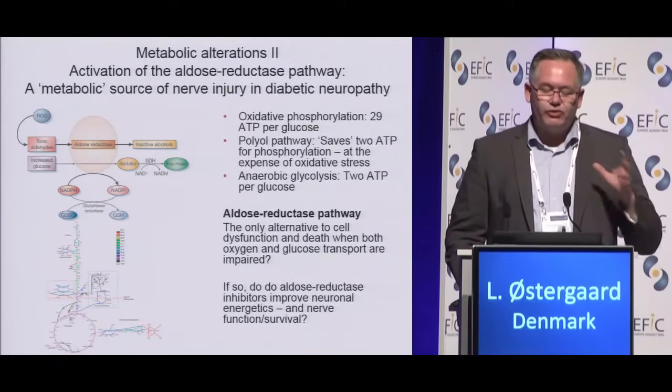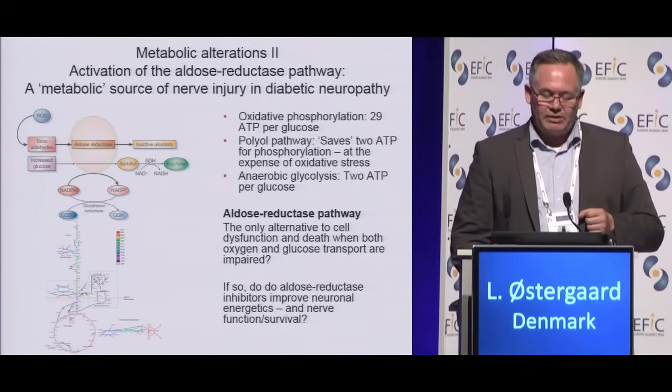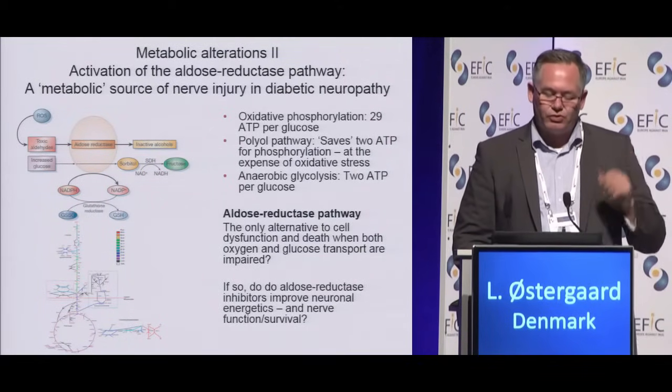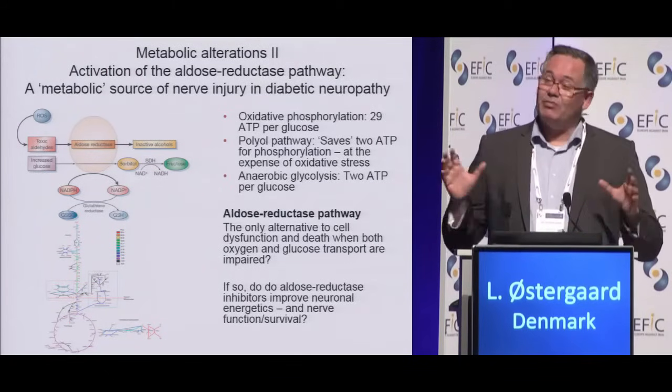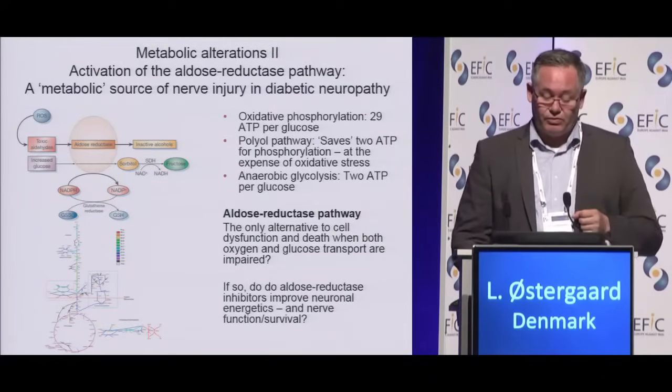Another characteristic metabolic pathway that's elicited in diabetes is the aldose reductase pathway, and that is known to be a source of nerve injury in the disease, and again belongs to this metabolic theory.